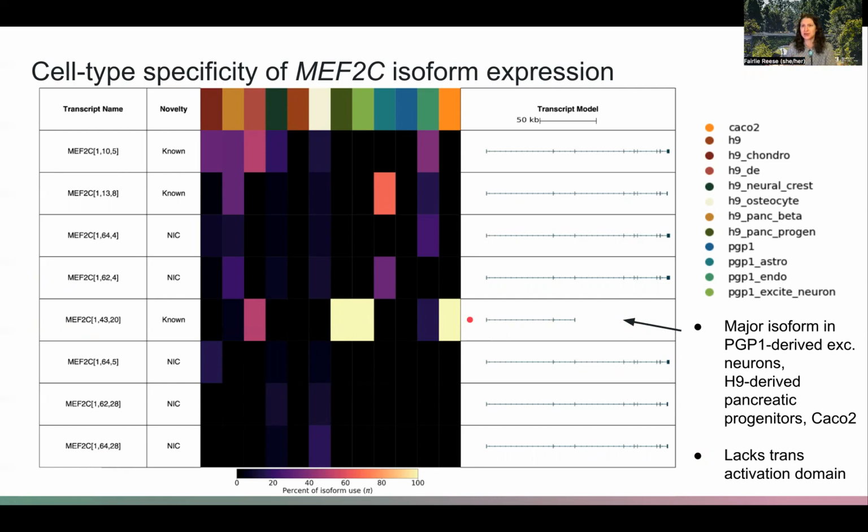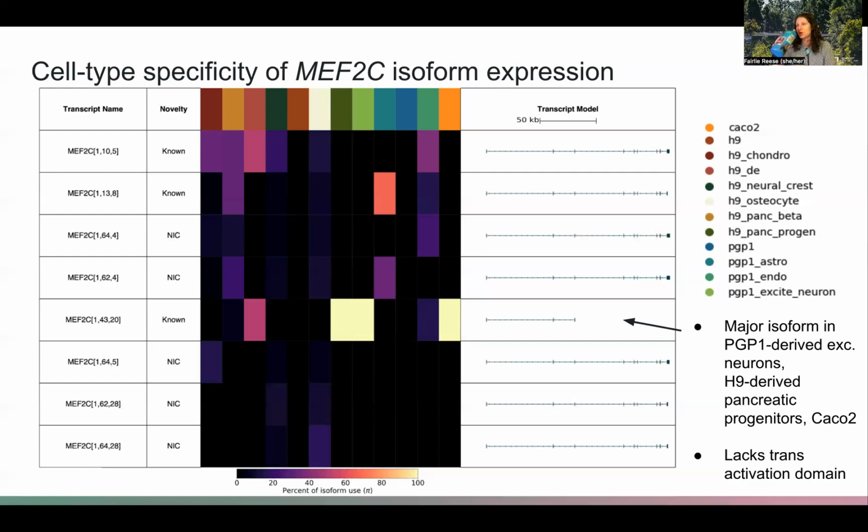And for those that may not know, the transactivation domain of a transcription factor is responsible for binding and recruiting external factors that come and help the transcription factor enact its regulatory regime within the cell. So this is likely an isoform that is either non-functional or less functional than the other isoforms expressed here. And it is the only isoform that is expressed in these 3 cell lines. So there's something interesting going on here.